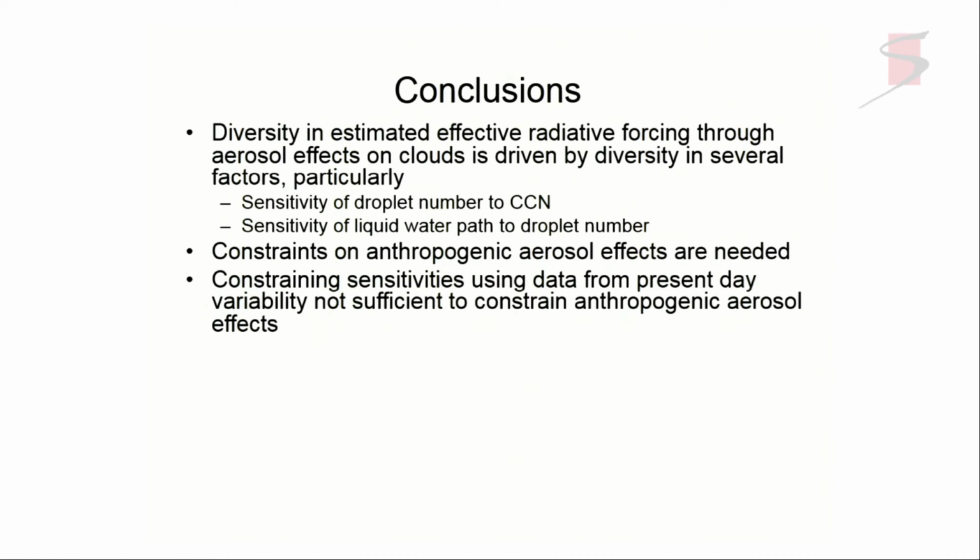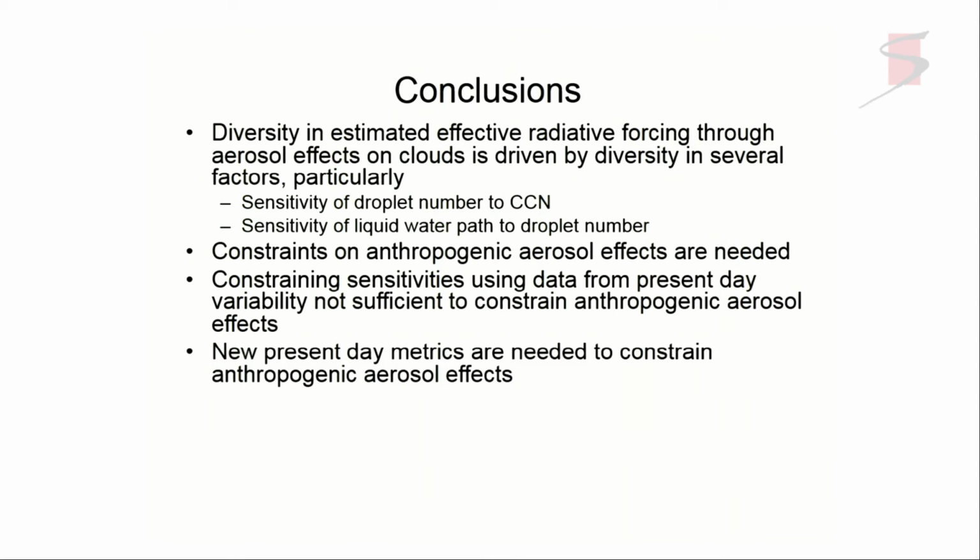So we need constraints on these anthropogenic effects. I'd say constraining sensitivity using data from present day variability is not sufficient, although I thought he was saying the opposite in the Ming-Wai study, which I think was arguing that you could use the present day, but maybe the overall forcing can't be done that way. But you can certainly try to find metrics that can constrain the anthropogenic aerosol effects.